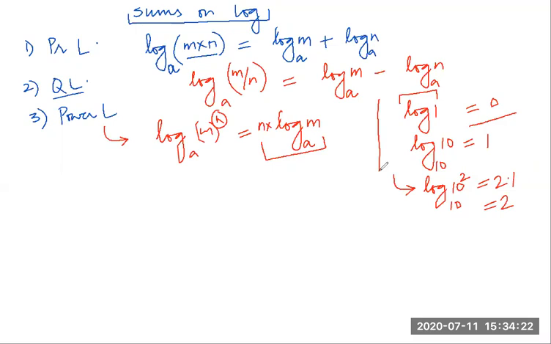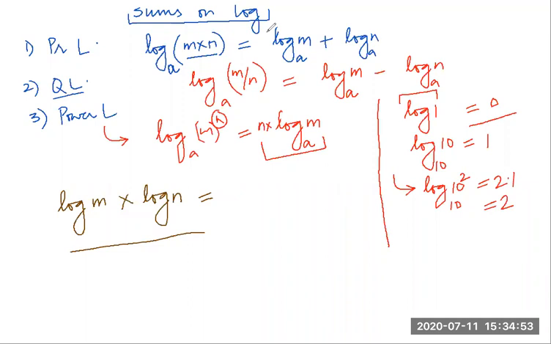Okay, and then, students, one more very important thing. Over a period of time, when you are not doing log, you will forget. Just see: log of m into log of n is not equal to this.